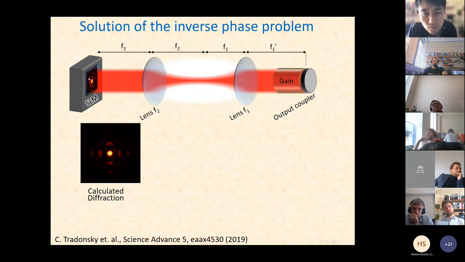And the object that makes it is supposed to be here in the Fourier plane. And if we are able to write the correct phases, then we will get the right object. Okay? But how will the laser find the correct phases, which of course it is free to do, because in the degenerate cavity, the phase is a free degree of freedom? It has to be the minimal loss solution.